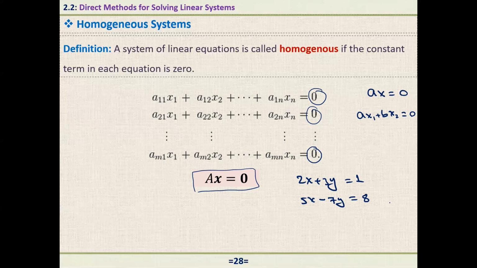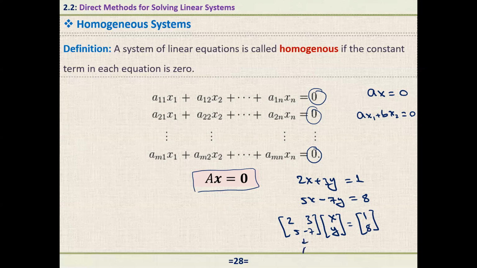Soon you will see that it's just a product of two matrices. We have the coefficient matrix, 2, 3, and 5, minus 7, and the variables x and y, and on the right-hand side we have 1 and 8.